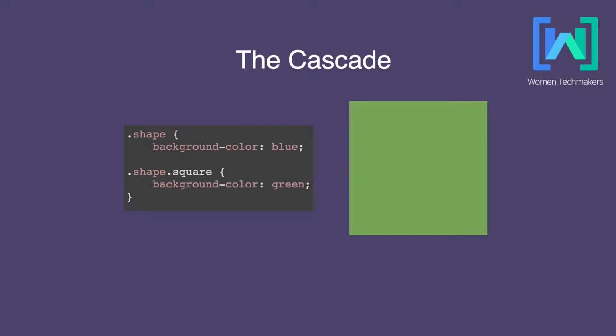As a small example, this is a shape. If there was any shape in general on the screen, it would be green, or it would be blue. But because the second rule is more specific, of being square, that's the one that applies. So it sets the background color to green. It's really simple, it's not a complicated example.